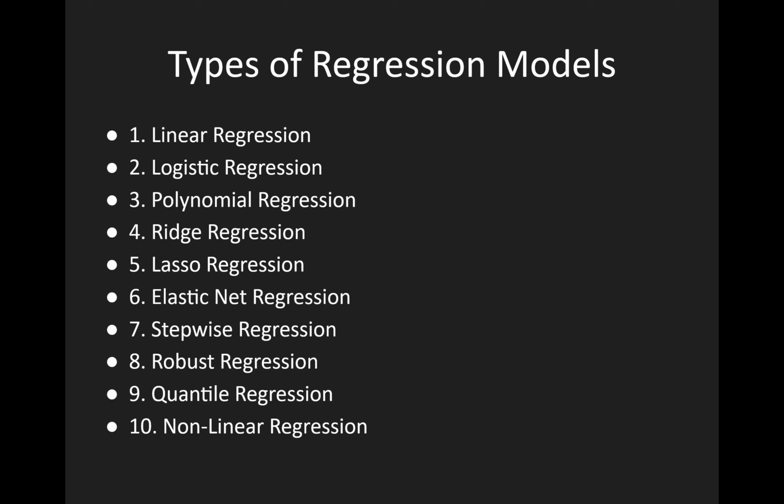In simple linear regression, there is a formula, for example, predicting house prices based on their size, and it has certain assumptions, like a linear relationship, normal distribution of residuals, and so on.